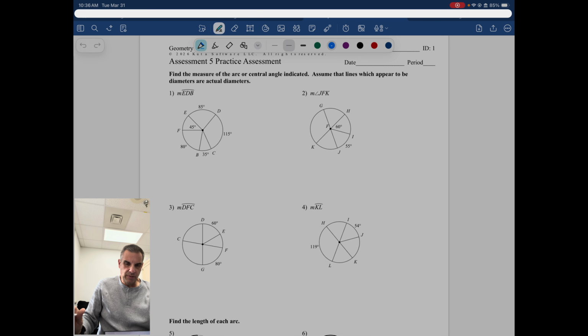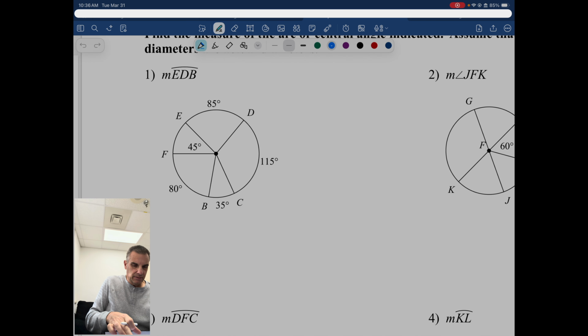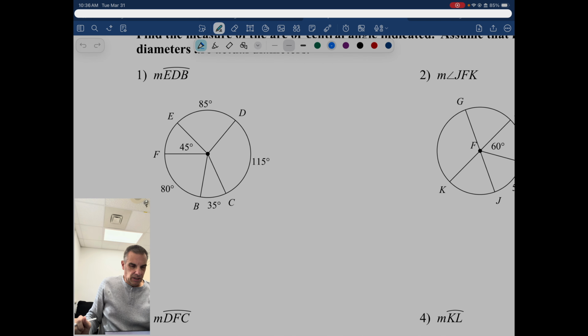Question 1 says, find the measure of the arc or central angle indicated. Assume the lines which appear to be diameters are actual diameters. So I just go in and do everything I know. I'm going to figure out if there's any arcs in here that I don't have.